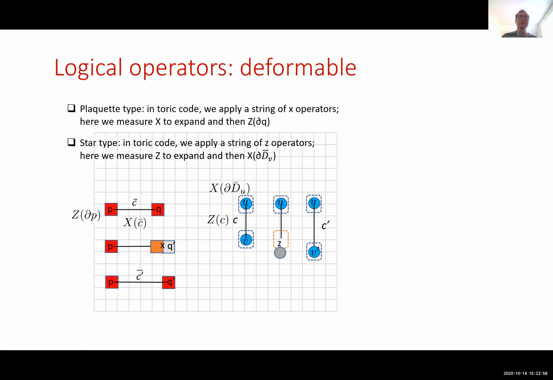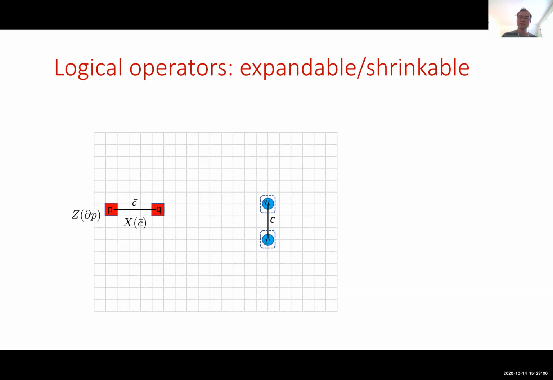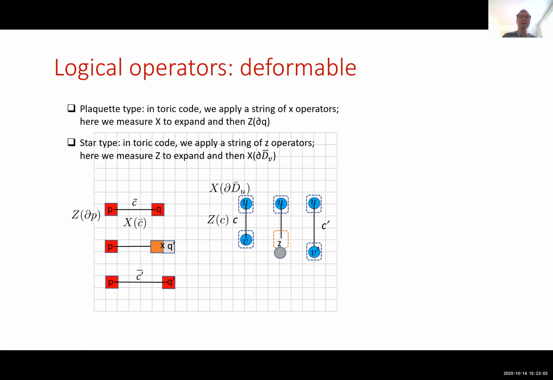So first, I want to say that this definition of logical operator has a lot of freedom. For example, we can move the logical pair. We can separate them. To do that, in order to take this logical qubit and deform it, for example, you want to move this Q to the next site.